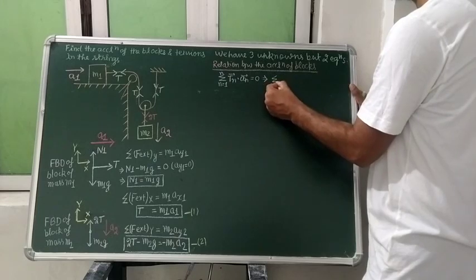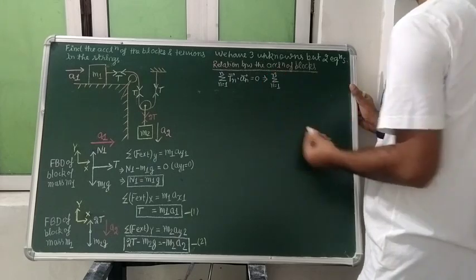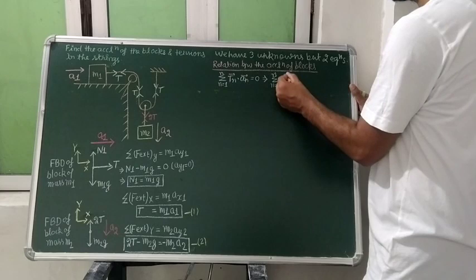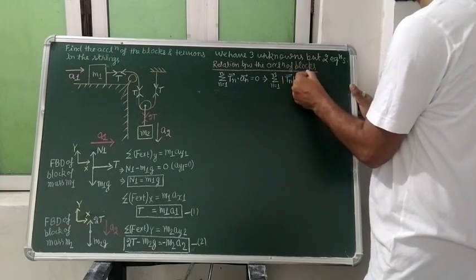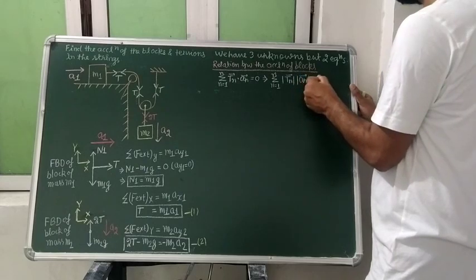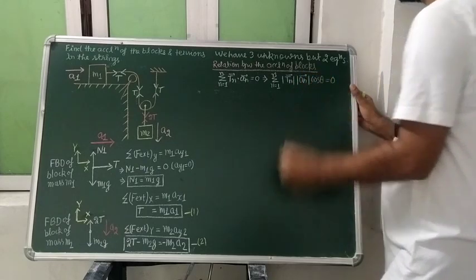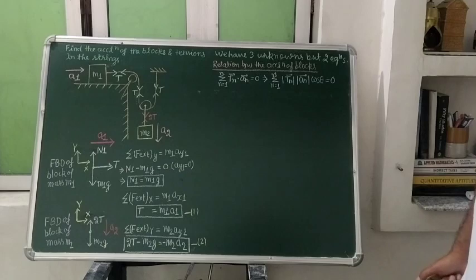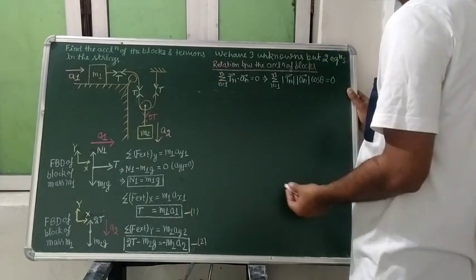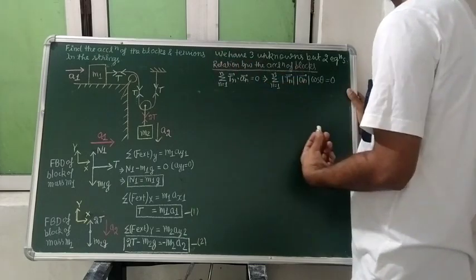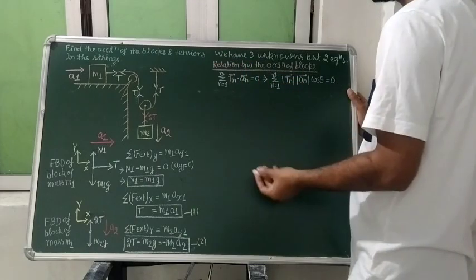Or in other words, the sum from n equals 1 to n of the magnitude of the tension vector multiplied by the magnitude of the acceleration vector times cos theta should be equal to 0. So when you look at the block of mass m1, tension is acting in this direction, and acceleration is also in the same direction.